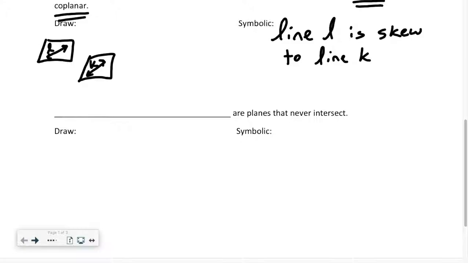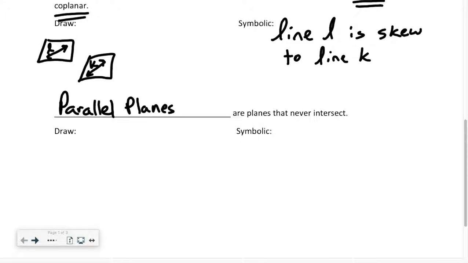Lastly, we have the definition of parallel planes. Parallel planes are planes that never intersect. So parallel planes, you can think of the ceiling and the floor. If you thought of those as planes, it would be parallel. They do not intersect, no points in common.